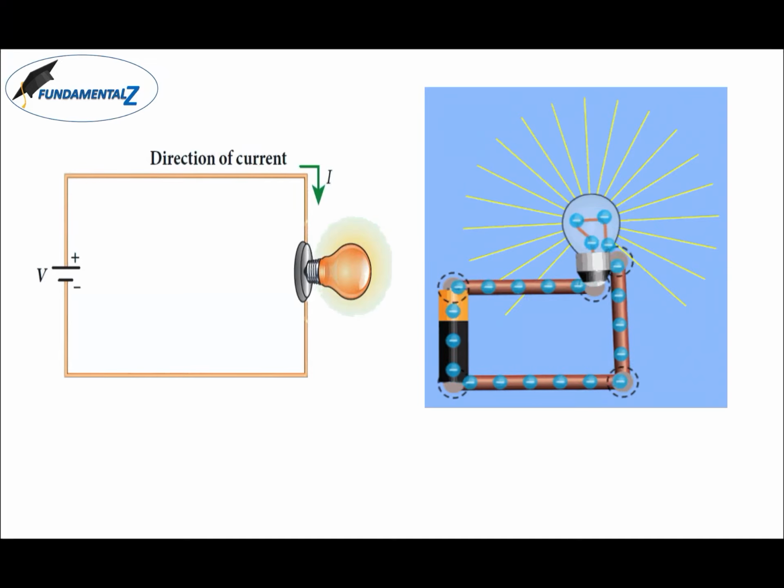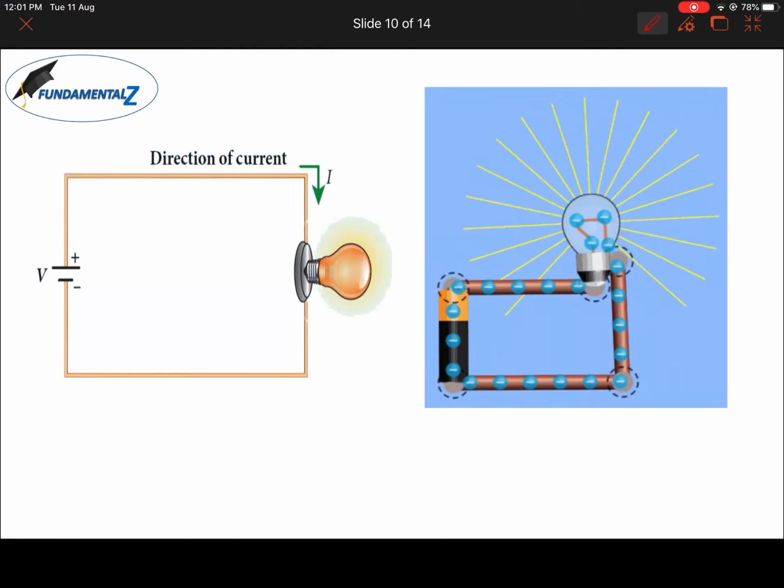So when I say direction of current, it is from the positive end of the battery to the negative end of the battery. But when I say direction of electrons, it will be from the negative end of the battery to the positive end of the battery. So what does this mean? That means that the direction of current and the direction of electrons will be in the opposite direction.